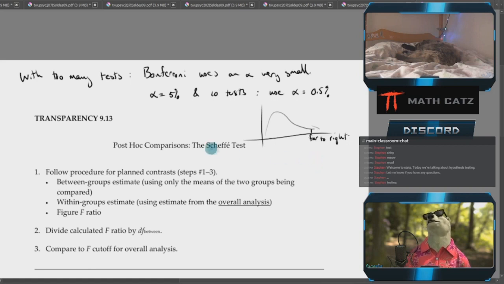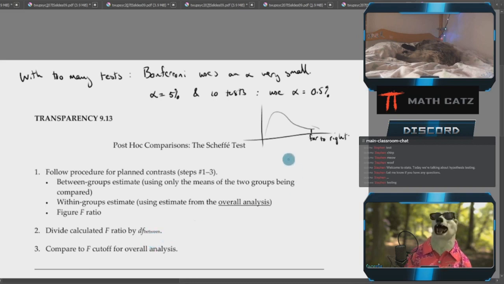So the alternative is the Scheffé test, where I'm going to follow the same procedure. I pick 2 groups and I just focus on that for the between group estimate. Within group estimate is the same, just like before. I figure the F ratio, but this approach divides the F ratio by the degrees of freedom between, which is the total number of groups minus 1.